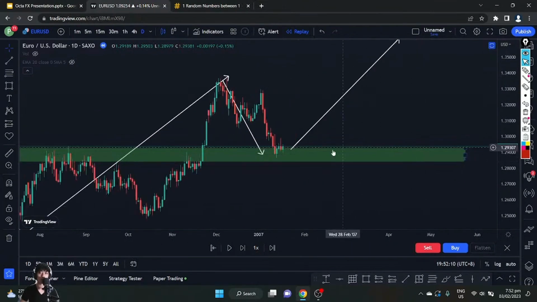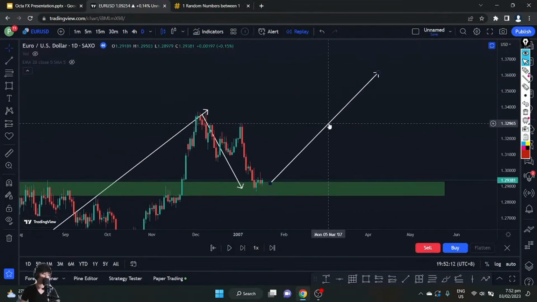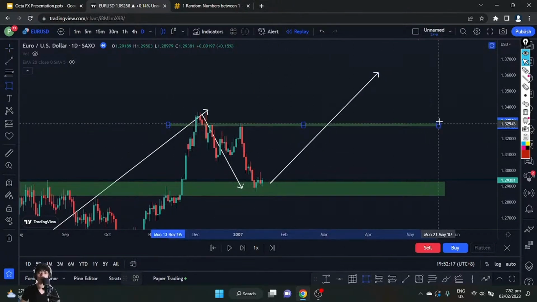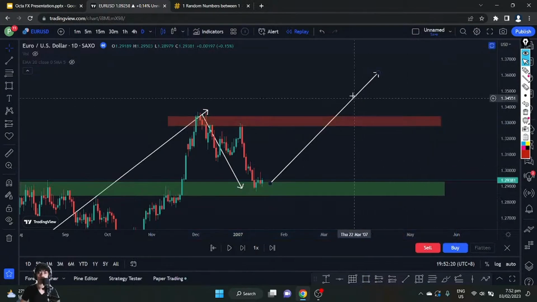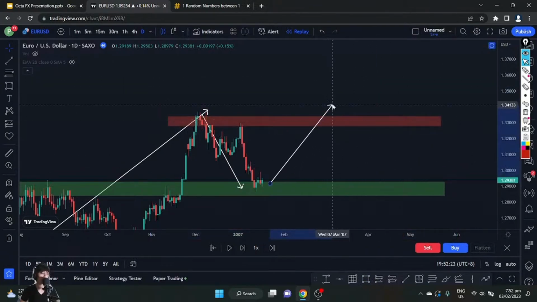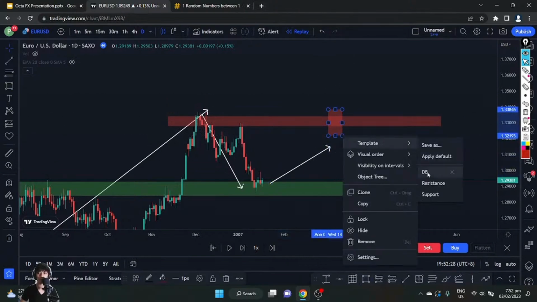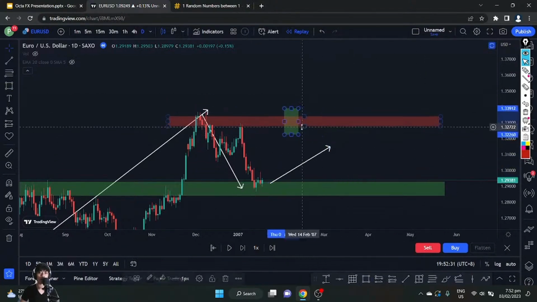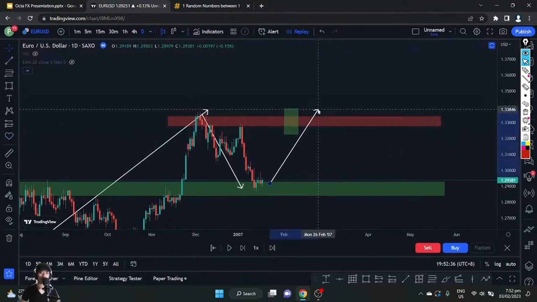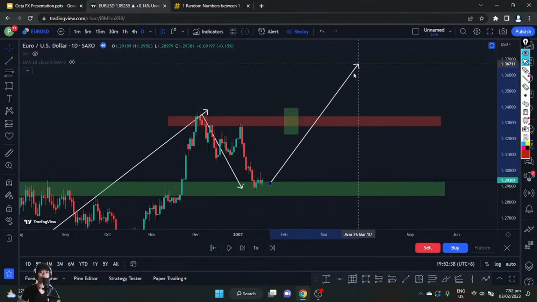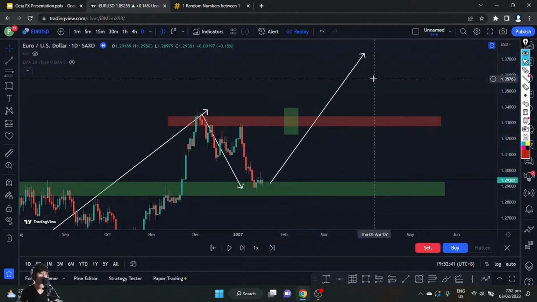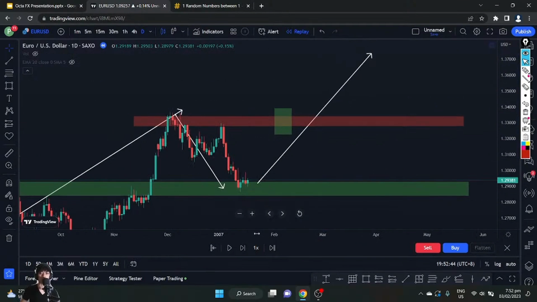Now that we know that the price has a tendency to move higher after reaching the support, we should look into this previous high and see if the price could break this level. Once a candle closes above it, this means that the price was able to break this previous structure, and we can buy together with the momentum, and we can expect the price to go higher because of that breakout. So let's see if the price can do it.